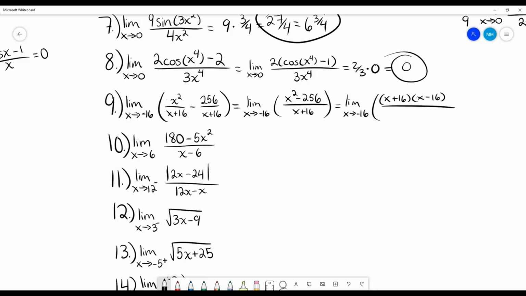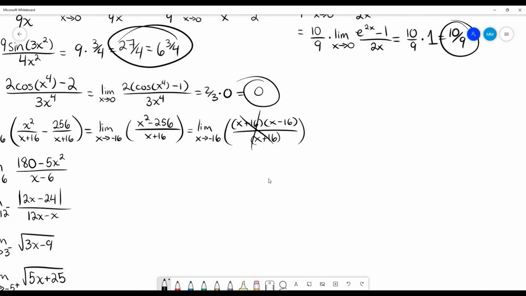And that's all over that x plus 16, which I can see cancels out, which is lucky for us because that means we no longer end up with a 0 in the denominator because now our limit is just this, in which case we can plug in that negative 16 and it turns into negative 16 minus 16, or a negative 32.